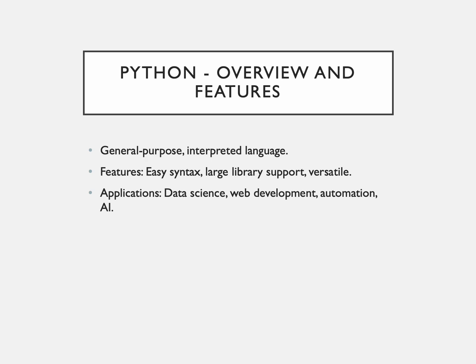Being an interpreted language means Python code is executed line by line, which makes debugging easier and allows for quick prototyping. It was created by Guido van Rossum in the late 1980s and officially released in 1991 with the philosophy of prioritizing readability and reducing the complexity of programming.